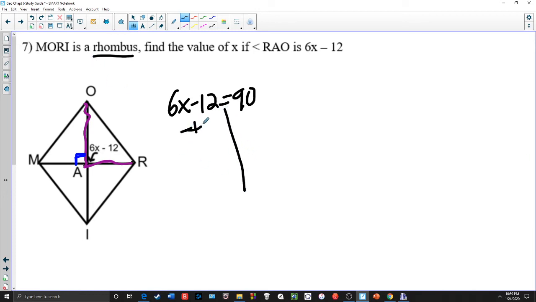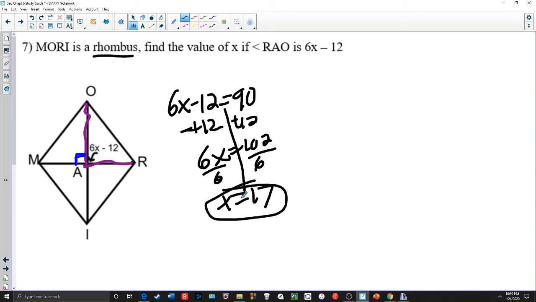Plus 12, plus 12, we get 6x equals 102, and we divide by 6, and we get x is equal to 17. So once again, figure out what it's going to equal, in this case 90, set up your equation, and solve it through. You just have to remember the properties of the different shapes. Rhombi diagonals always add up to 90.